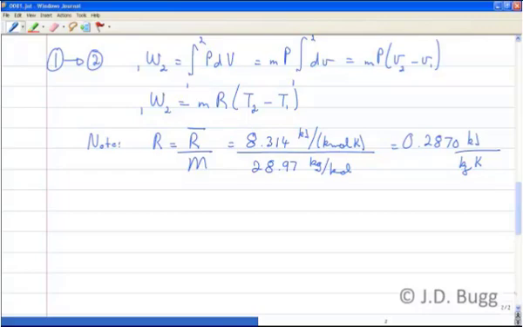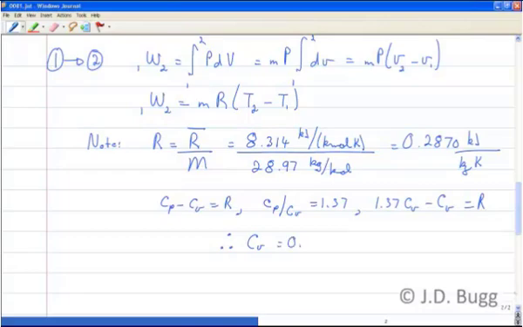Now, while I'm working with the gas constant here, I'm going to use it and our knowledge of the ratio of specific heats to get a value for CV and CP, because I'm going to need those later on. So we know that CP minus CV equals R, and we're also told that the ratio of specific heats, CP over CV, is 1.37, which means that 1.37 CV, which is just another name for CP, minus CV must equal R. So we can solve for CV from that.